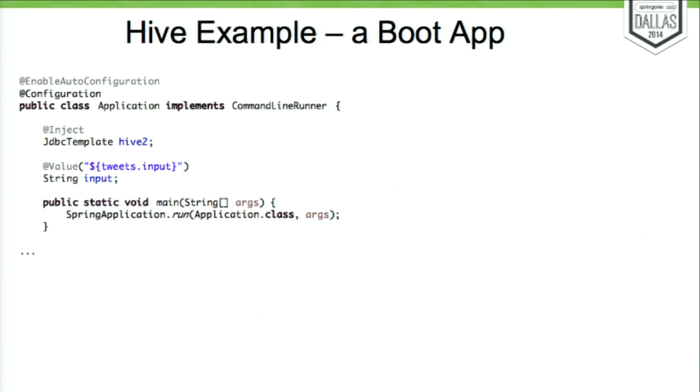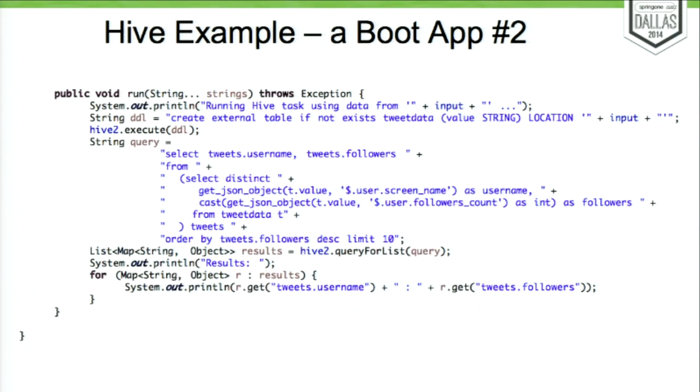You just give it a URL for the JDBC connection to Hive and you run your SQL right from there. So if you're familiar with the JDBC template, that's another good skill to have for Hadoop development now.